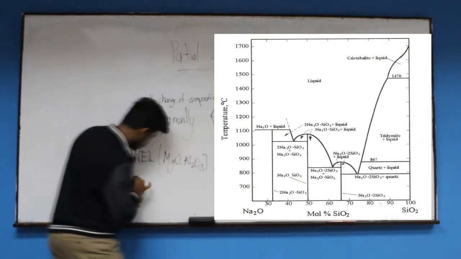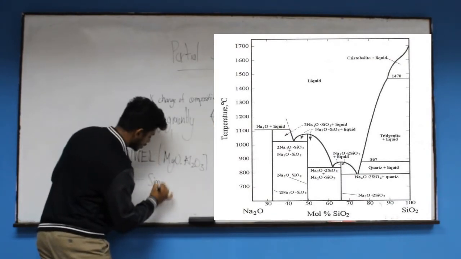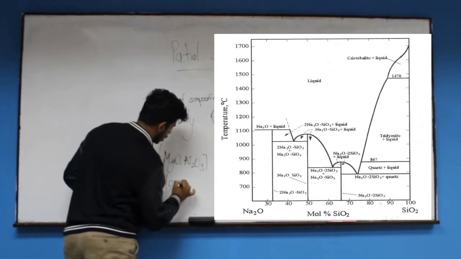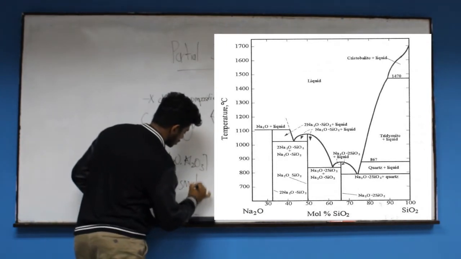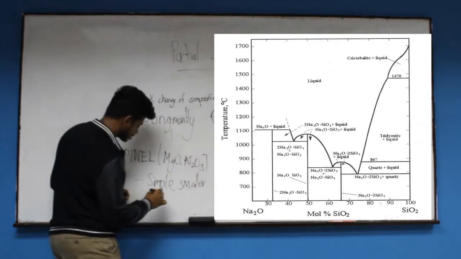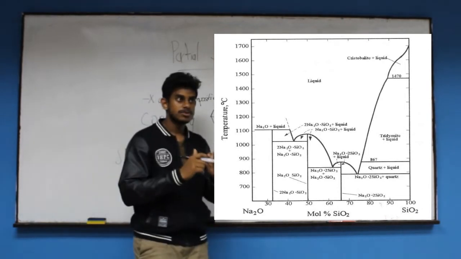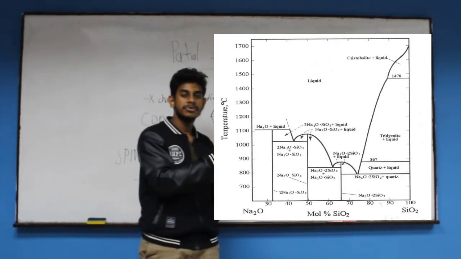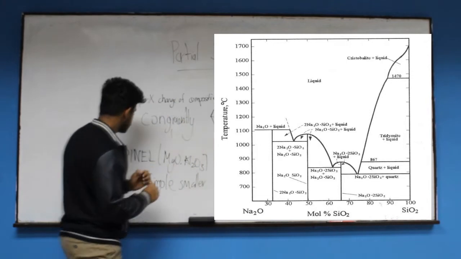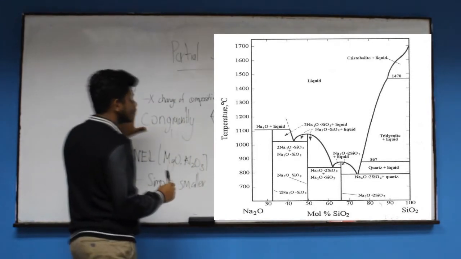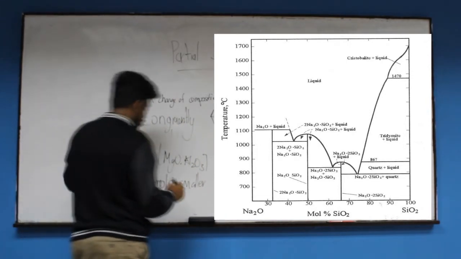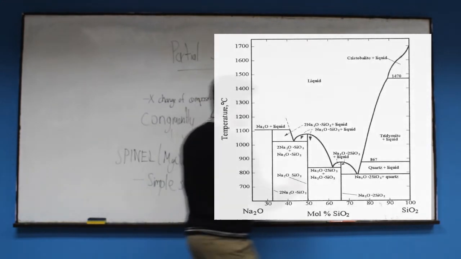That is why it is different. If you look through the image, you can see that it is very obviously the smallest series of eutectic phase diagrams. So that is the consequence of a congruently melting procedure of a partial solid solubility.